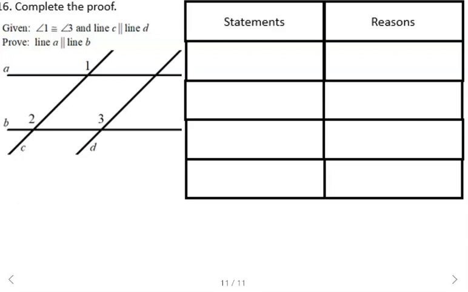All right, notice we have the given information. Angle 1 is congruent to angle 3, and c is parallel to d.